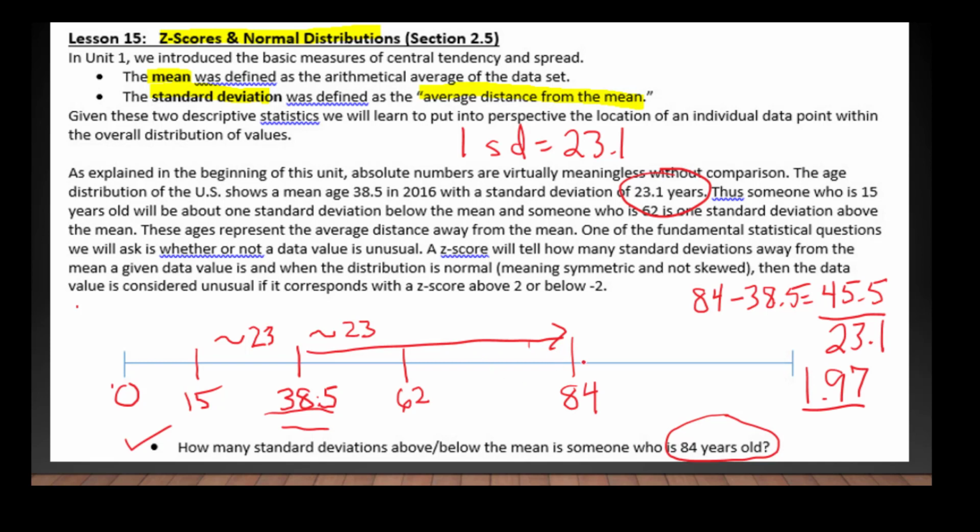So somebody that is 84 years old is 1.97 standard deviations above the mean. And their z-score, by the way, is 1.97. I'll go over this a couple times because this is the important concept. You get this, you're really on a roll here.